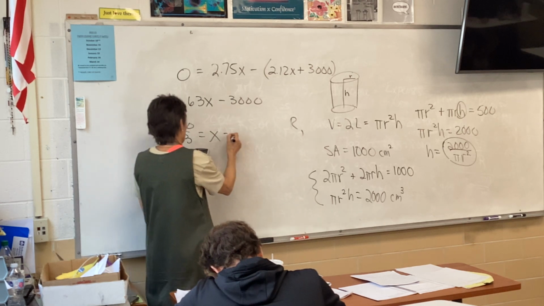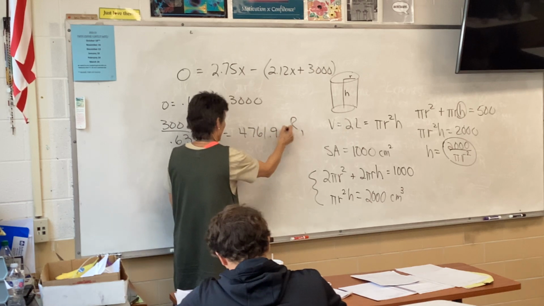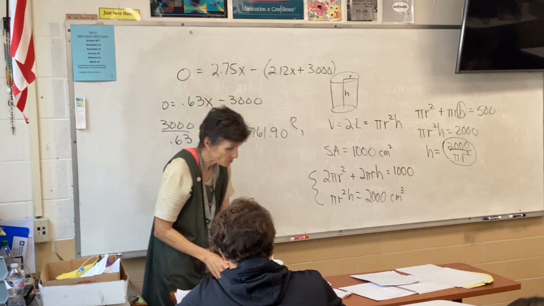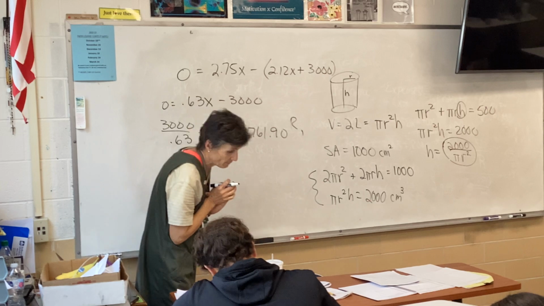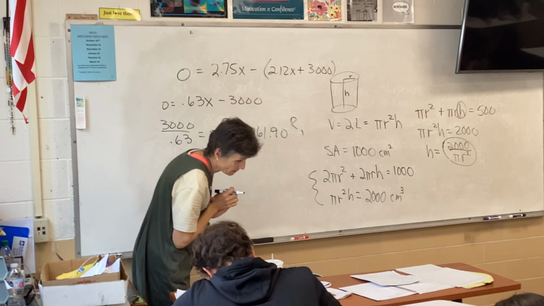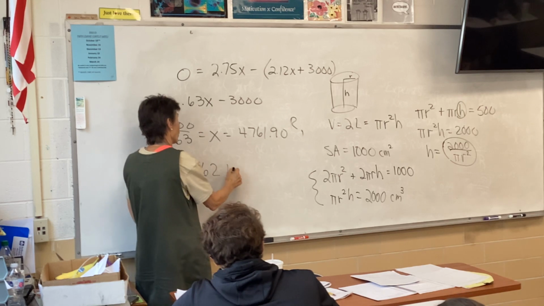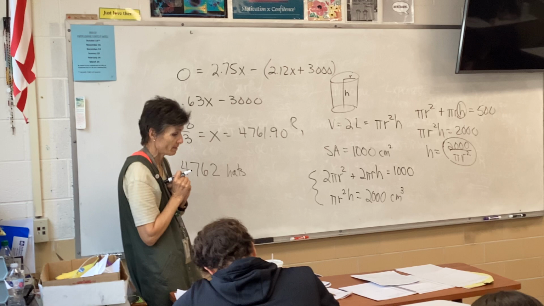I got 4761.90. So how many hats do I need to sell to turn a profit? 4,762. Yeah, I've got to sell 4,762 or more, right? Anything from there on is going to produce a profit for me.